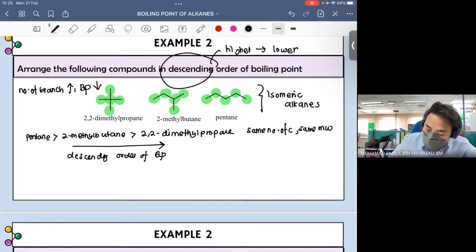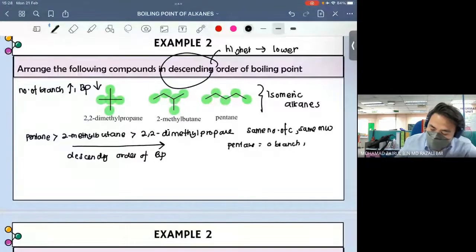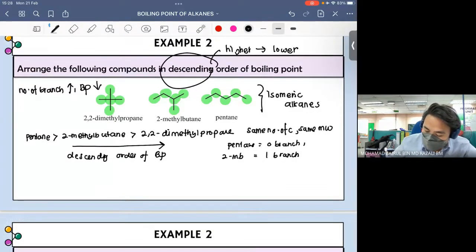So awak tengok, okay, pentane dia ada 0 branch. Okay, 2-methyl butane, saya tulis MB je lah. Okay, 2-methyl butane have 1 branch. Okay, 2,2-dimethyl propane, kita ada 2 branch.